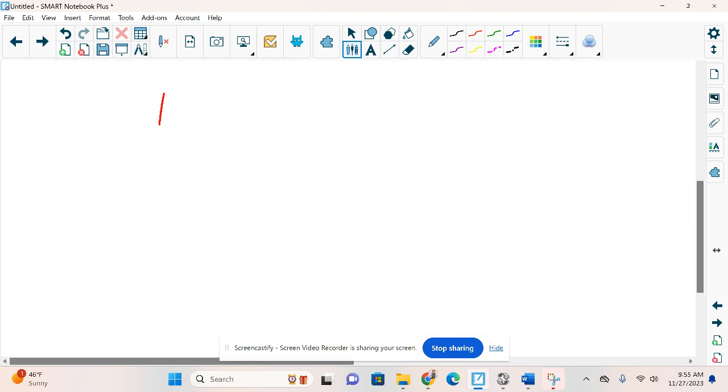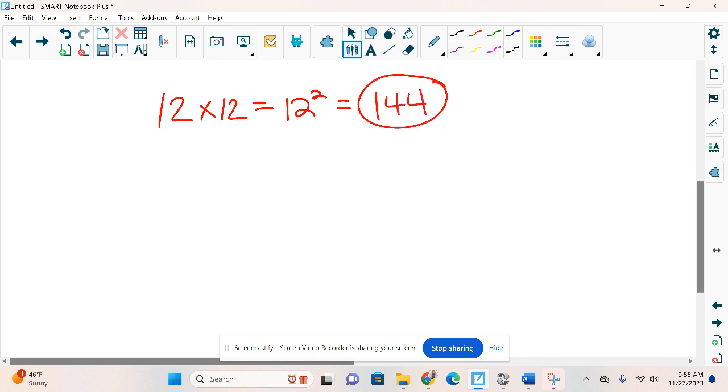Like if I have 12 times 12, which is equal to 12 squared, right? What is 12 squared? What was 12 times 12? 144. 144 is considered a perfect square because it was made by a square.